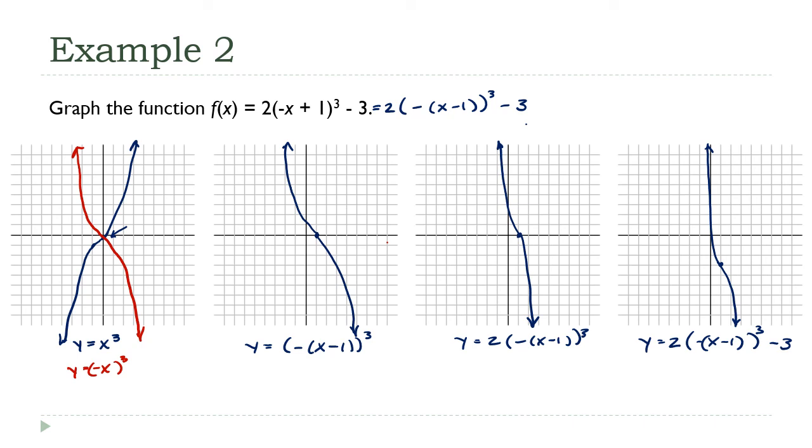So if I had done this -1 first, I would have had to reflect across the line x equals 1 instead of the y-axis, which is x equals 0. It's not hard for me, but when you're just starting out, I think it's easier to get the reflections in first, and then focus on the translations.